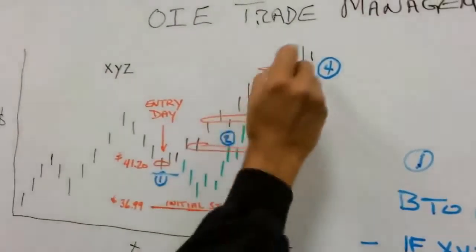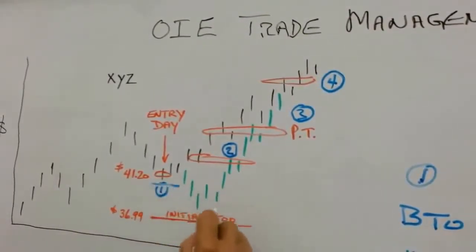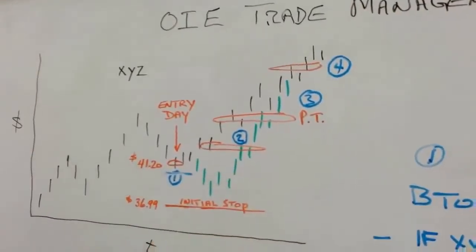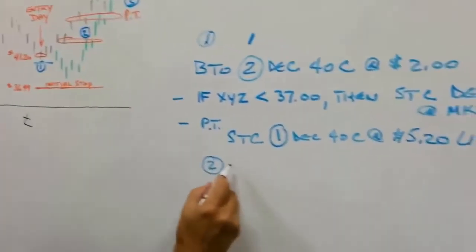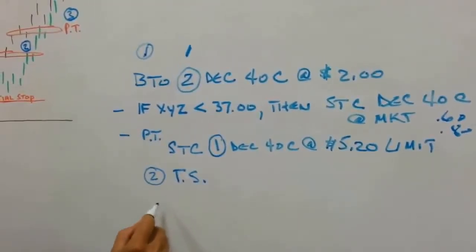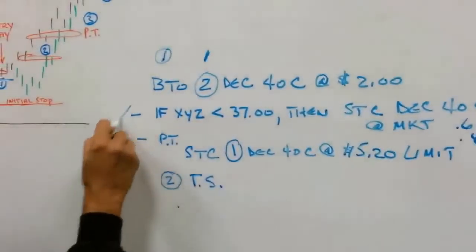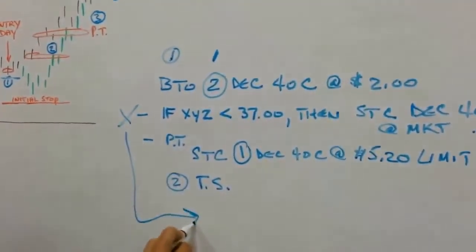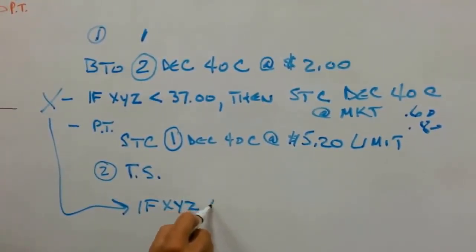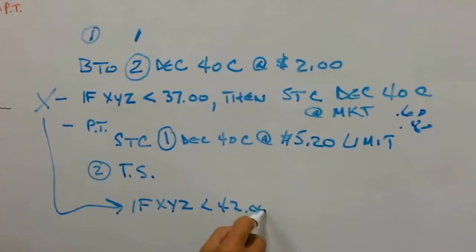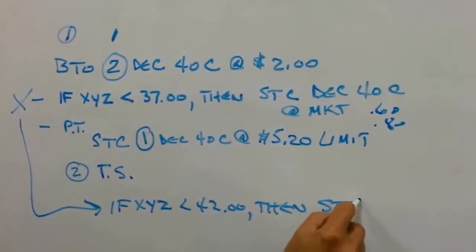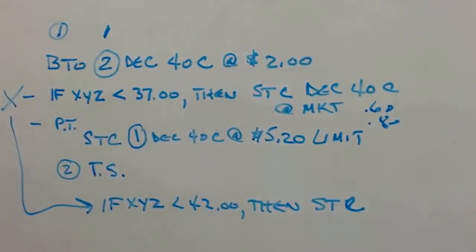With the option strategy, you don't have that problem. So whether the market goes straight up or backfills first and then goes up, at point 2 here, we're going to move the trailing stop by changing this order right here to if XYZ is less than 42, then sell to close our December 40 call.